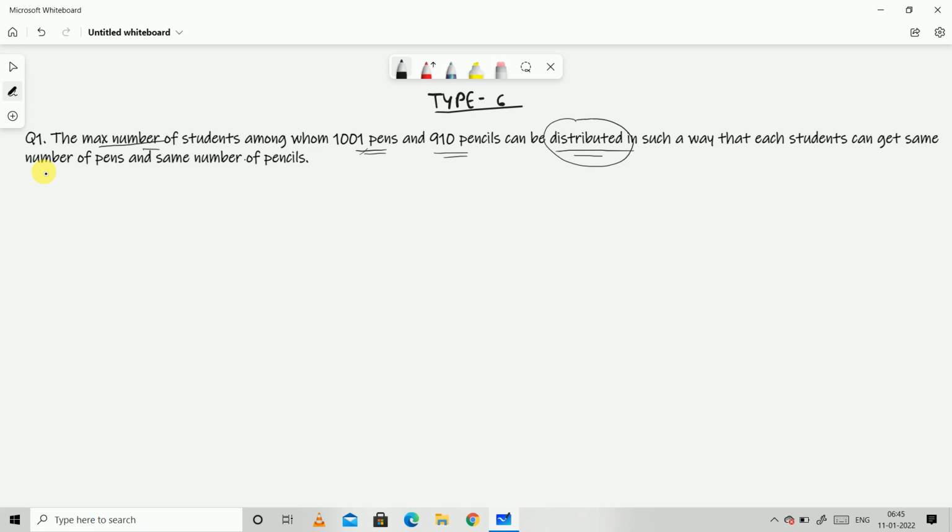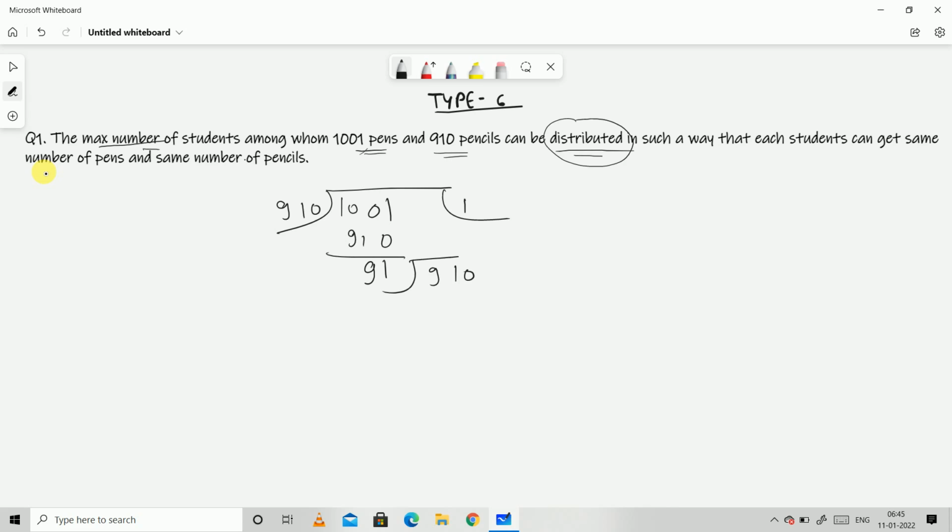Now here I can see that two numbers are given, and the easiest way to find the HCF here will be the division method. Okay, so I will use the division method. It will go 1 time and I will be left with 91.